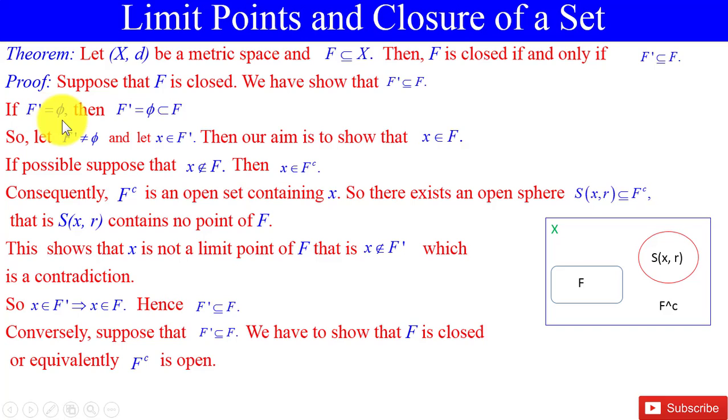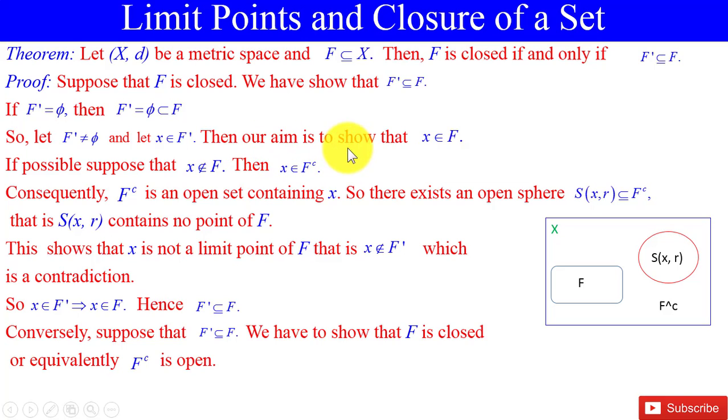If F dash is equal to empty, then F dash is contained in F, therefore our result is true. So, let F dash be non-empty and let x belong to F dash.